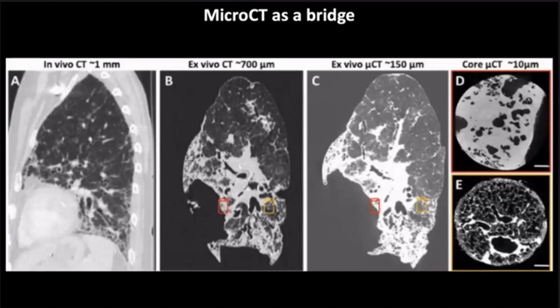We also take an ex vivo CT scan of the excised organ. When we get the organ, we inflate it with air and we fix it in total. Then we do a CT scan and a micro-CT scan. The resolution is already slightly better looking at the same plane. With the micro-CT scan, the resolution is not fantastic, but it's a little bit like putting on your glasses and really seeing much better.